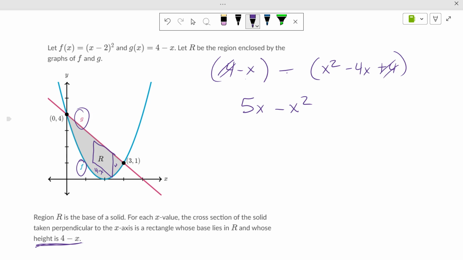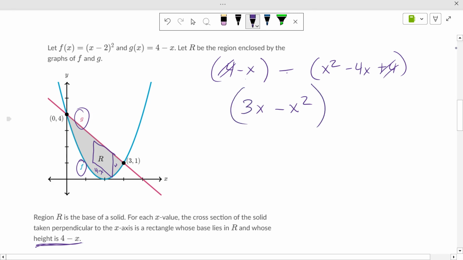That's what you get when you take the top line minus the bottom line. Did I screw that up? Oh, it's negative x minus a negative 4x, so negative x plus 4x, which is 3x. All right, 3x. So that's the width.